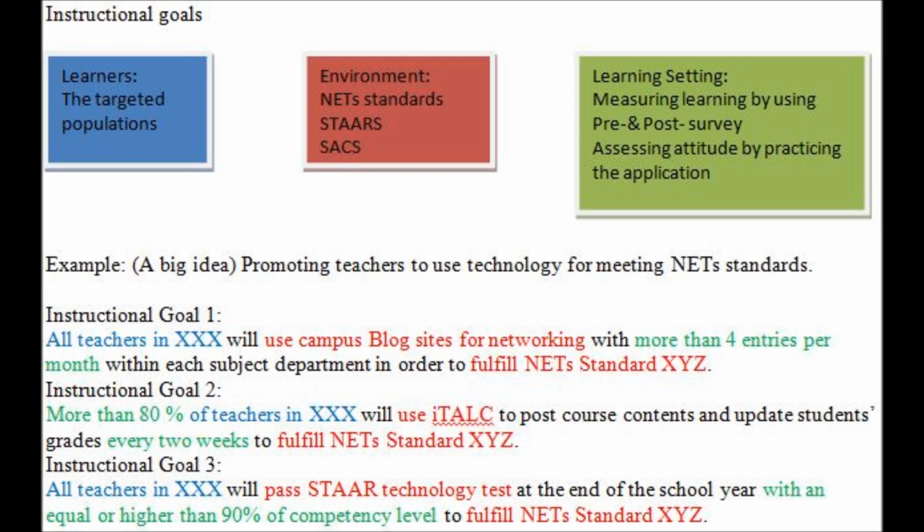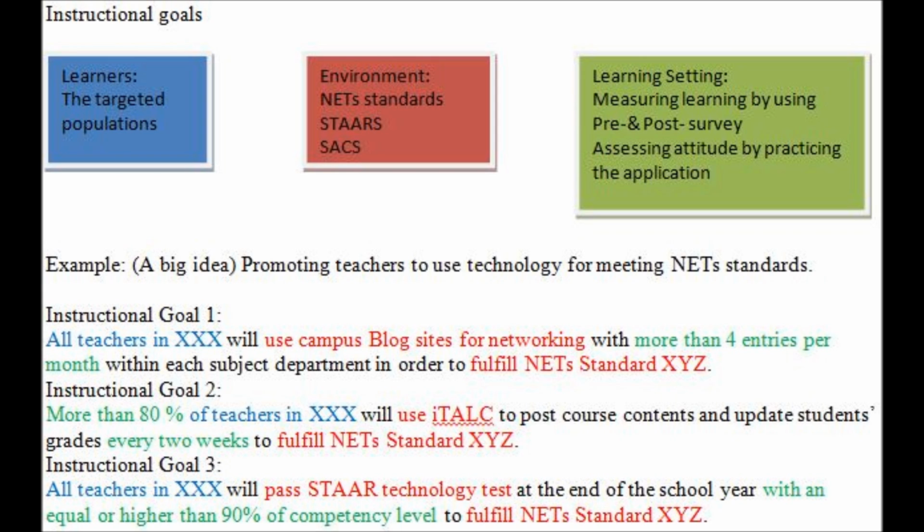So you can look at the color code I put there. The blue one is the specified learners. The red one specifies what type of standards and what environment will be taking place. And the green one is how we will measure, how we will assess the outcome from this instructional goal.